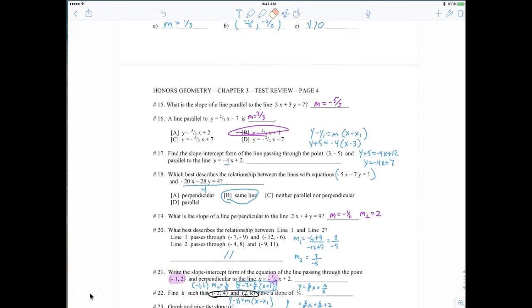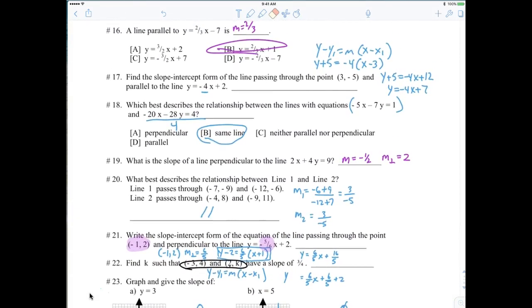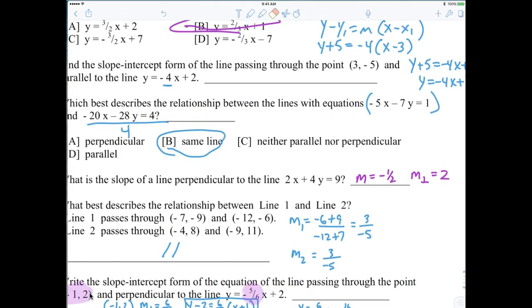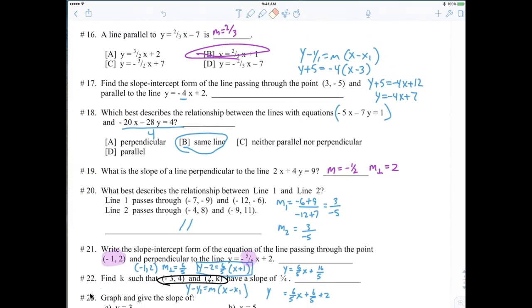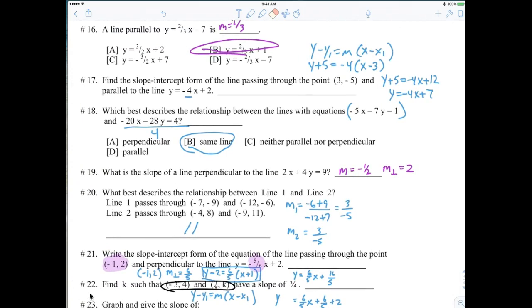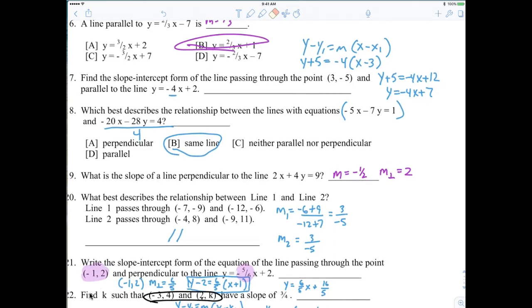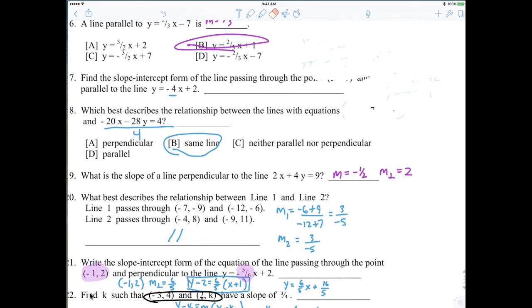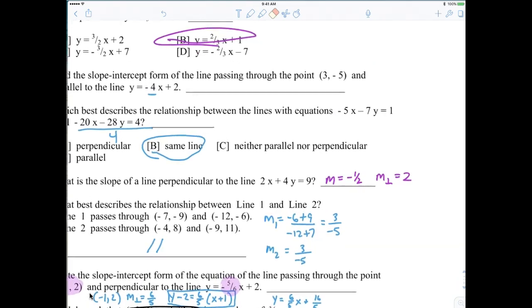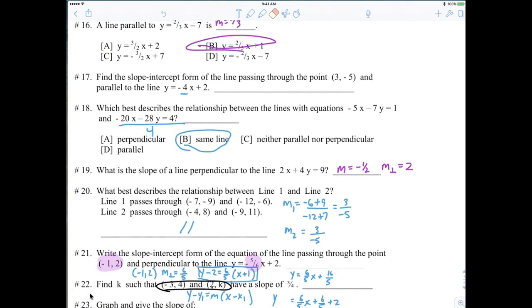On 17. Find the slope-intercept formula of the line passing through, parallel. Okay, so again, I think this one is definitely on the test. Anything dealing with lines, you should make sure you know, because if it's parallel, the slope will be what?